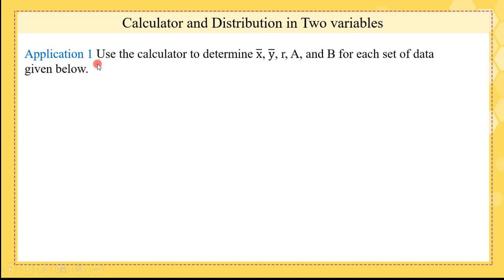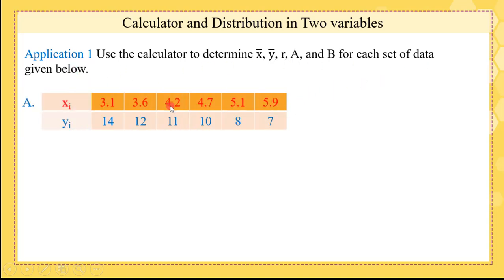It is an application. Please read it and follow the instructions to use the calculator to find the following numbers: x bar, y bar, r, a, and b. Please pause your video, then check your answers if they are correct, so you know how to use the calculator.